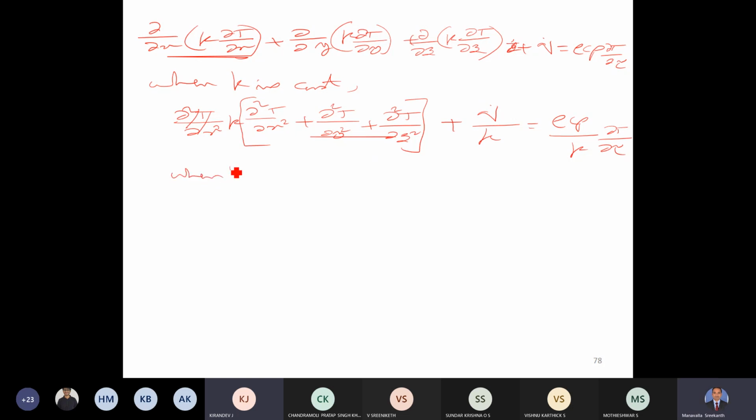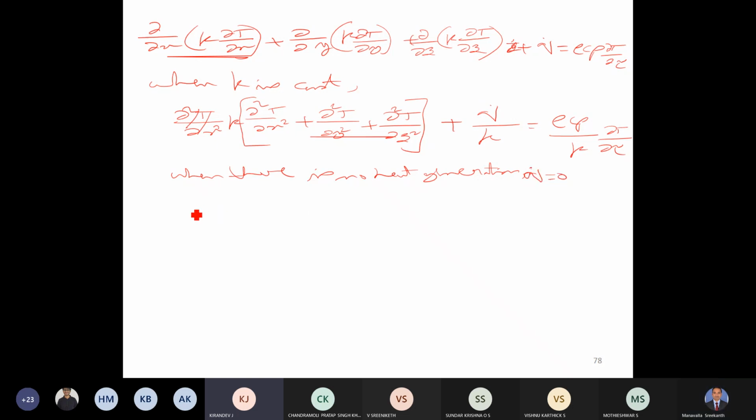When there is no heat generation, q dot is equal to 0.